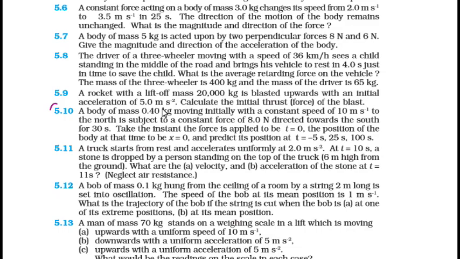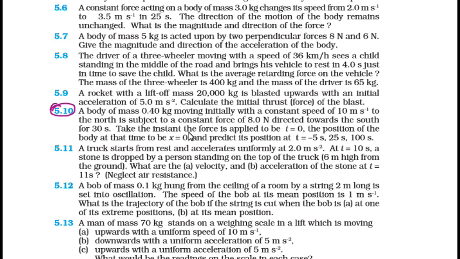Now let us move to the 10th question, that is 5.10. A body of mass 40 kg moving initially with a constant speed of 10 meter per second to the north is subject to a constant force of 8 Newton directed towards the south for 30 seconds.